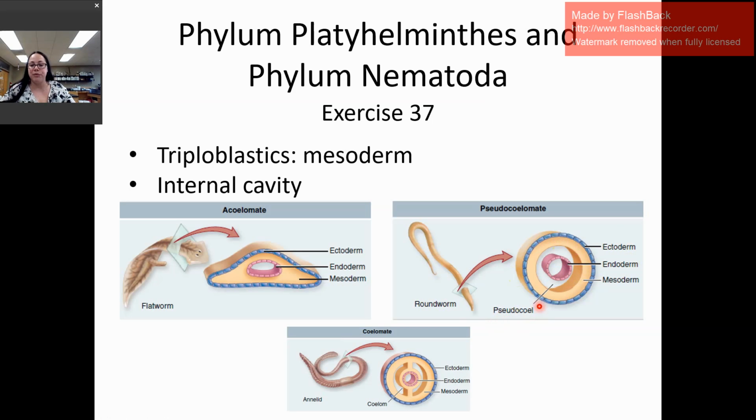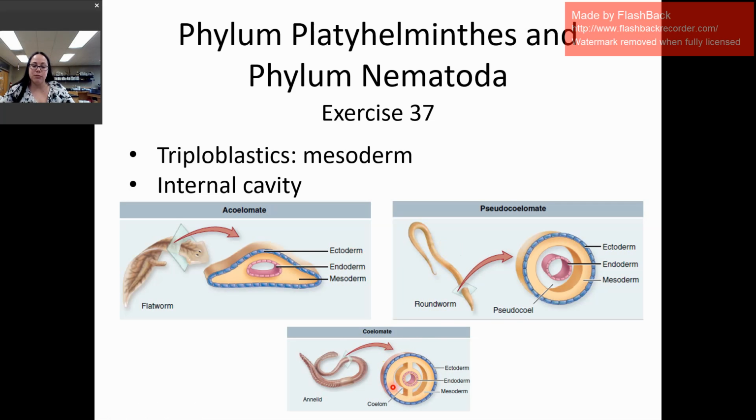Sometimes we also refer to it as pseudocoel, and that is what is written over here. So now you know the main difference between those two kinds of worms. The third kind of worms, the annelids, have a proper body cavity, so they have a proper coelom, and this is what you see here. That body cavity, there's one part over here, one part over here.